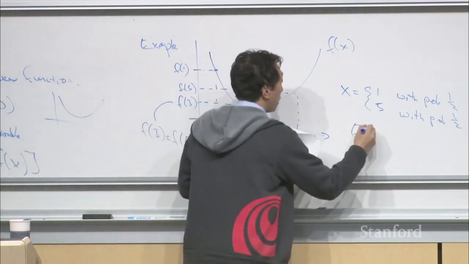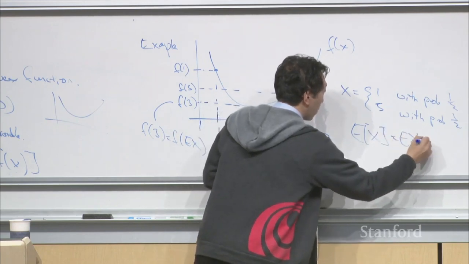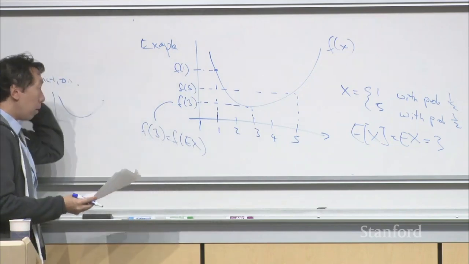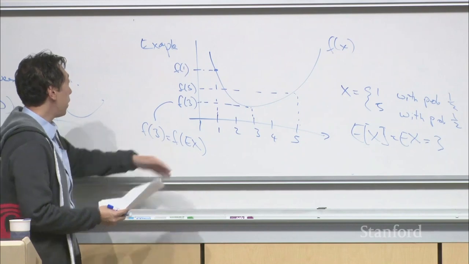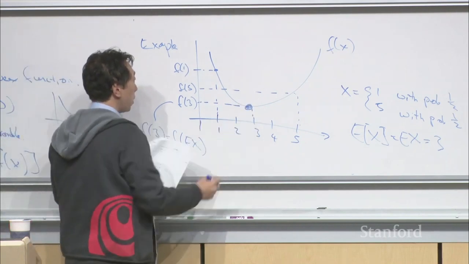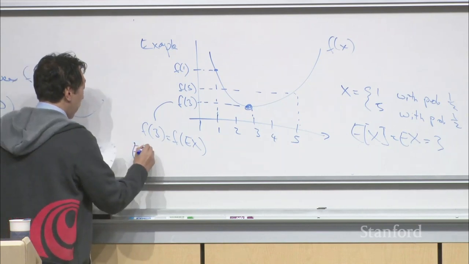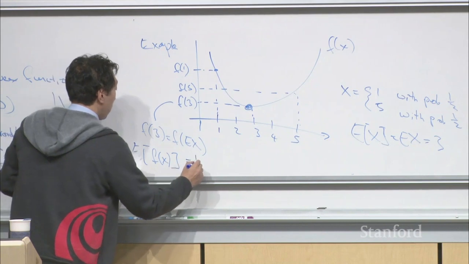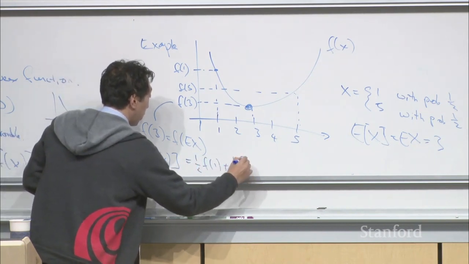Because the expected value of x, and sometimes I write this without the square brackets, is the average of x, which is equal to 3. And so f of the expected value of x is equal to this value, whereas the expected value of f of x is the mean of f of 1 and f of 5.